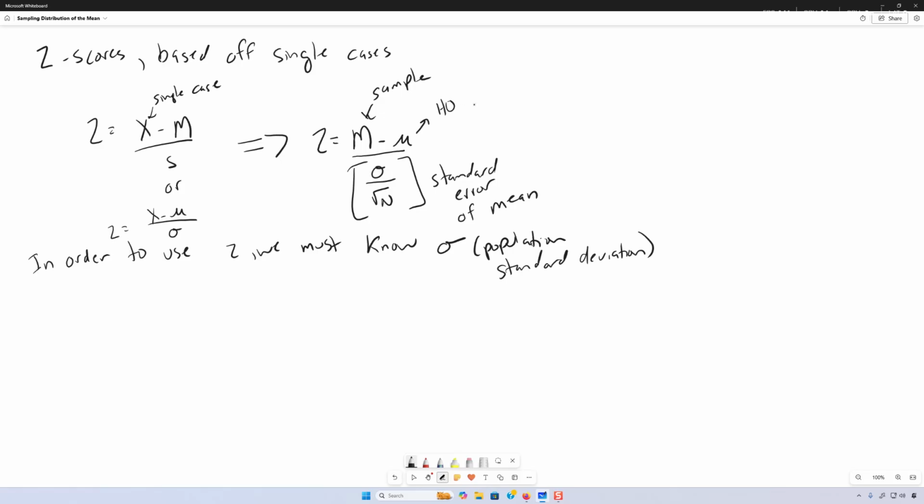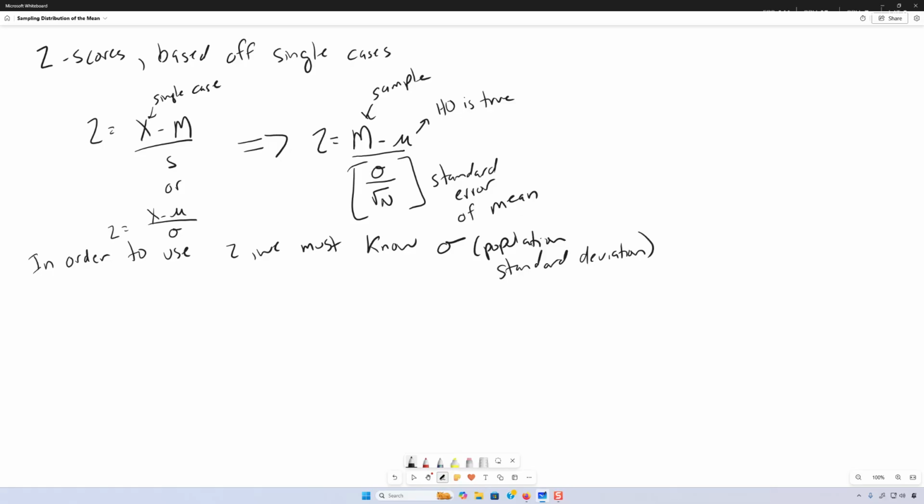This population represents the null hypothesis, so this is the mean of what would happen if the null hypothesis is true. So is our sample different from what we would expect if the null hypothesis is true? And that difference between the mean and the population over sigma divided by square root of n, we call the standard error of the mean.